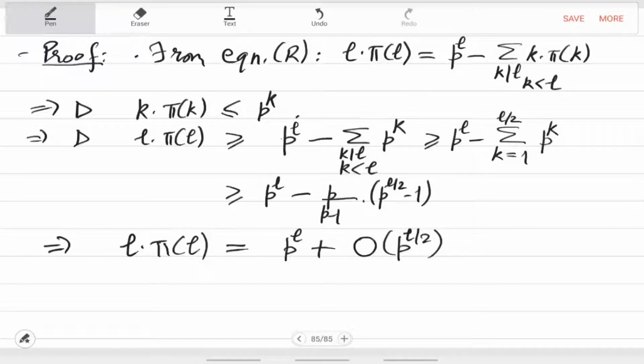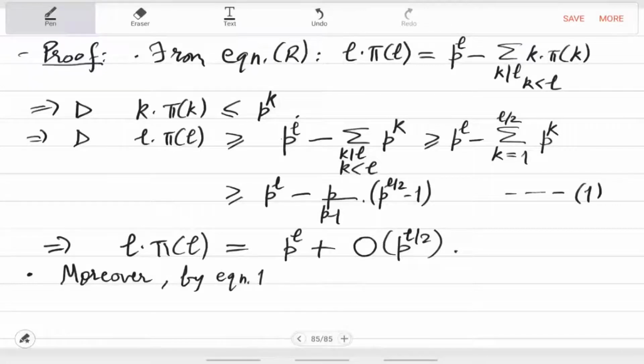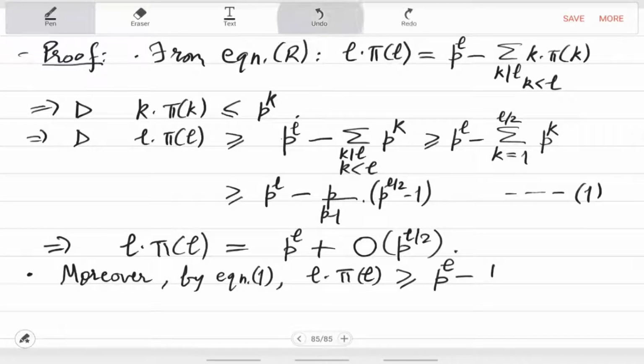So you can observe at the inequality level here that L pi L is at least P raised to L minus P raised to L by 2.